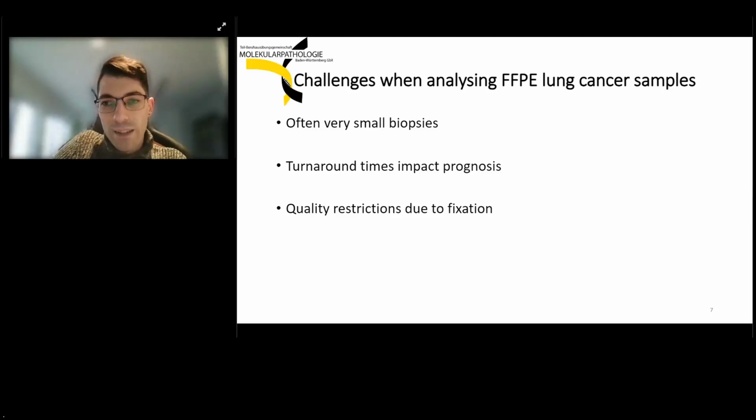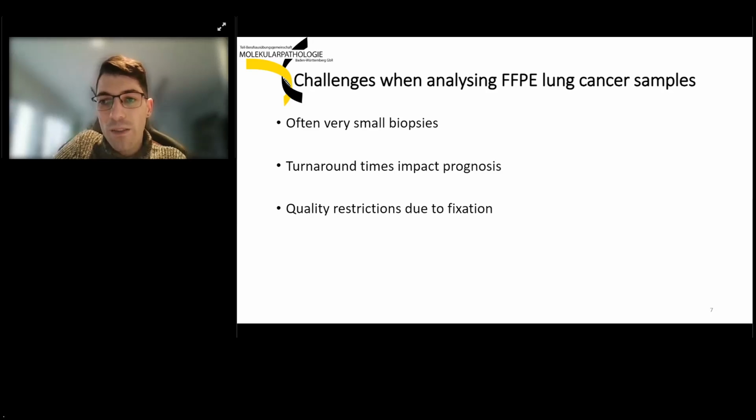When analyzing tissue lung cancer samples, we often face several challenges. The biopsies received from lung cancer patients are often very small, thus containing only a few tumor cells. Another problem is that turnaround times have a great impact on the prognosis of the patients.